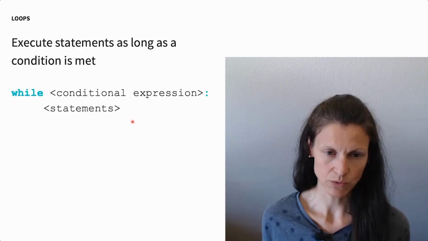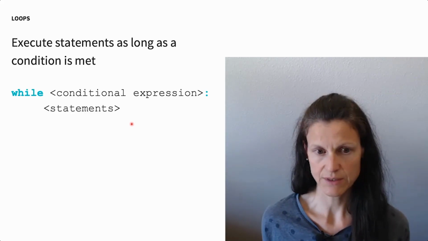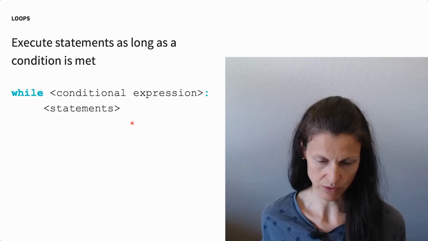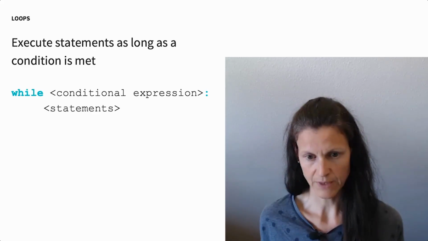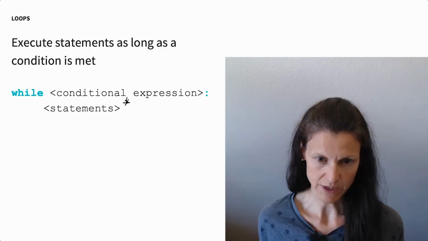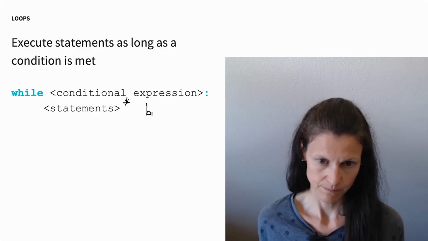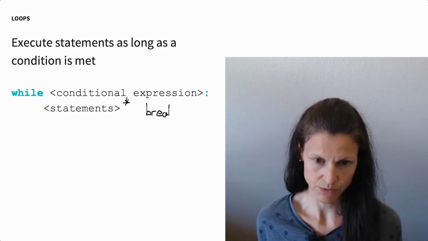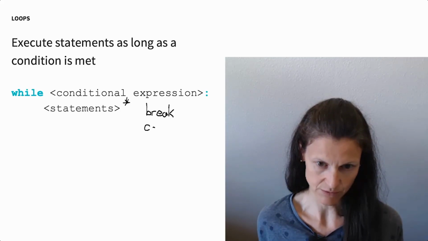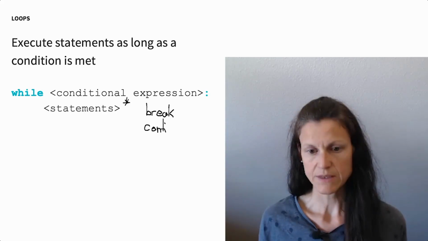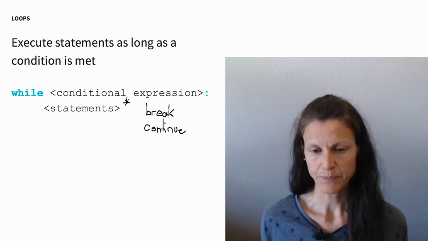For both types of loops, we have certain keywords that we can use inside the statements block. So inside here, we can use either break as a keyword, or we can use continue as a keyword. And these have a certain semantics.